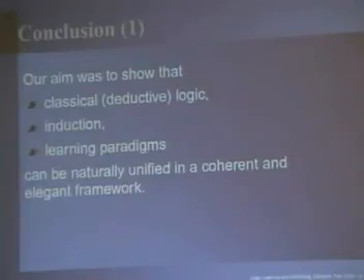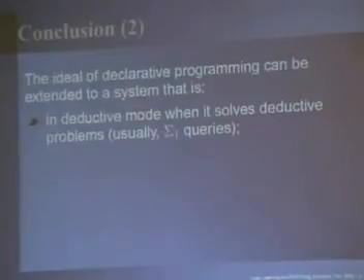Now this system can also work in inductive mode. In that case, it will usually try to answer a pi 1 query. So in that case, there is no conclusive conclusion. We can just converge in the limit, and you will know that if you are wrong, you will be refuted with certainty. It's certain refutation. So this system can do that when it is in inductive mode.